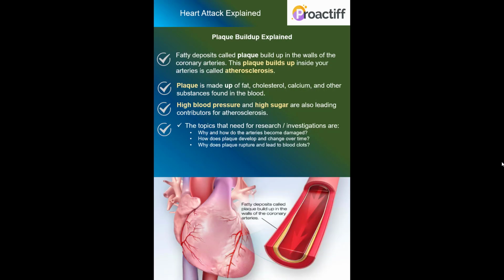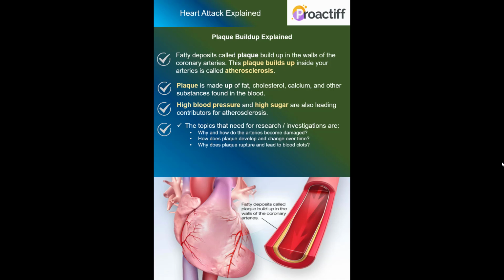The plaque buildup, how does it happen? The fatty deposits, which are essentially called plaque, build up on the inner arterial walls of the coronary arteries. This is the result of atherosclerosis, and it happens over time.